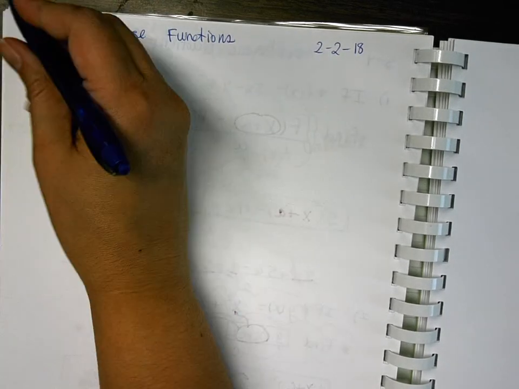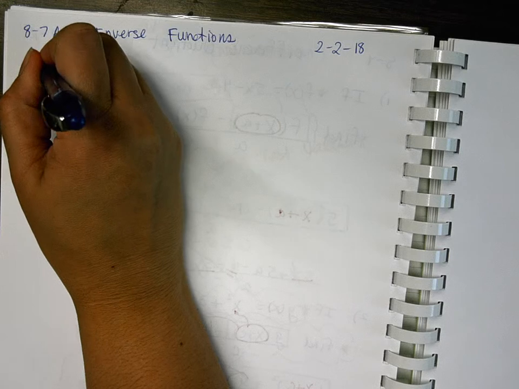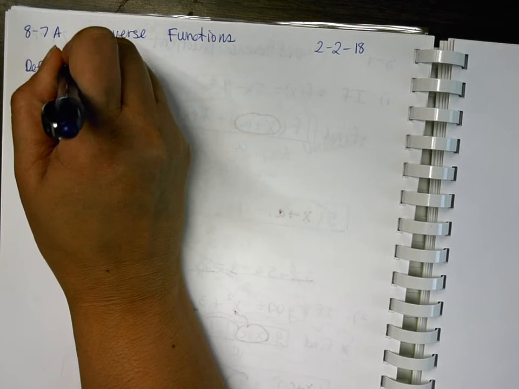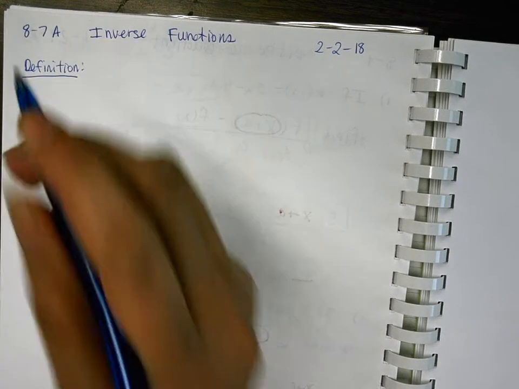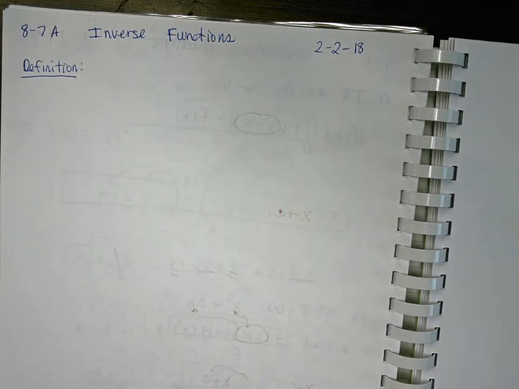All right, I'm going to give you the big, long definition. We're going to talk about what it means and how to read when they're asking you to do things.